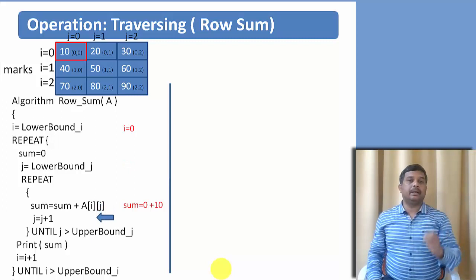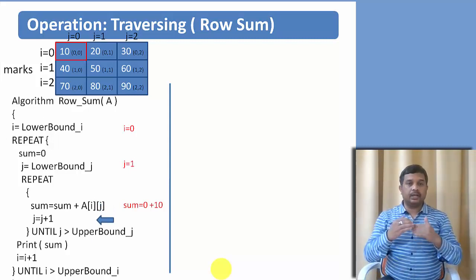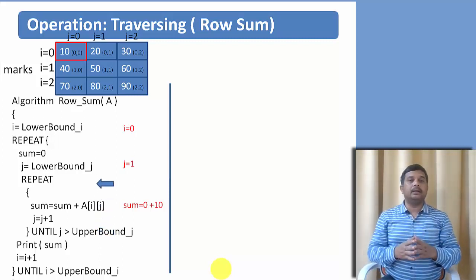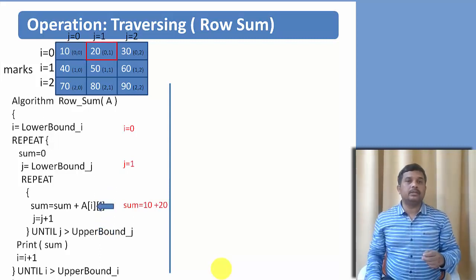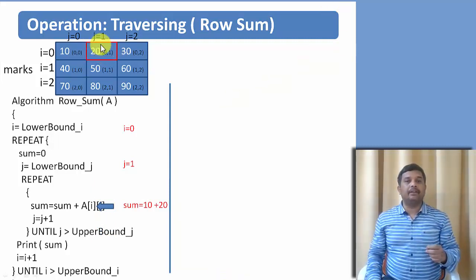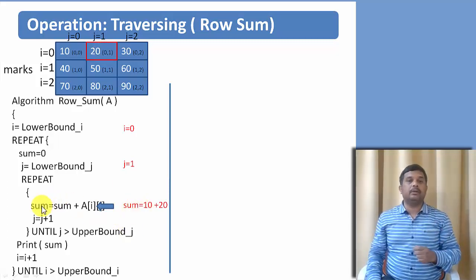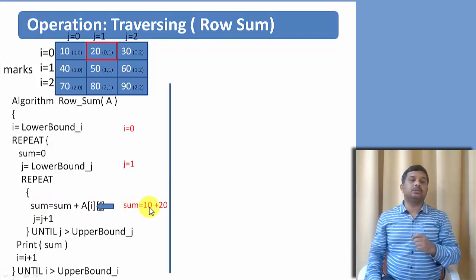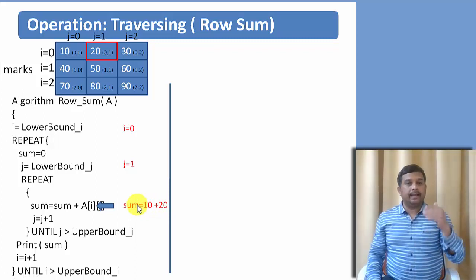So j becomes 1. Now we are again checking with the upper bound of j. It is within the bound, so we are repeating the loop. At location a[0][1] we have 20. Earlier we had 10 as the sum. So at this location, sum equal to 10 plus 20. So sum becomes 30. Again j is incremented by 1. Now j becomes 2.